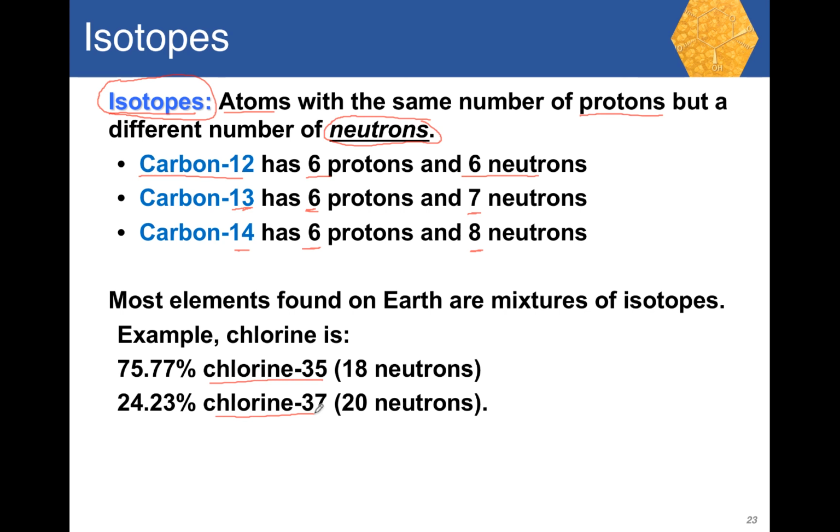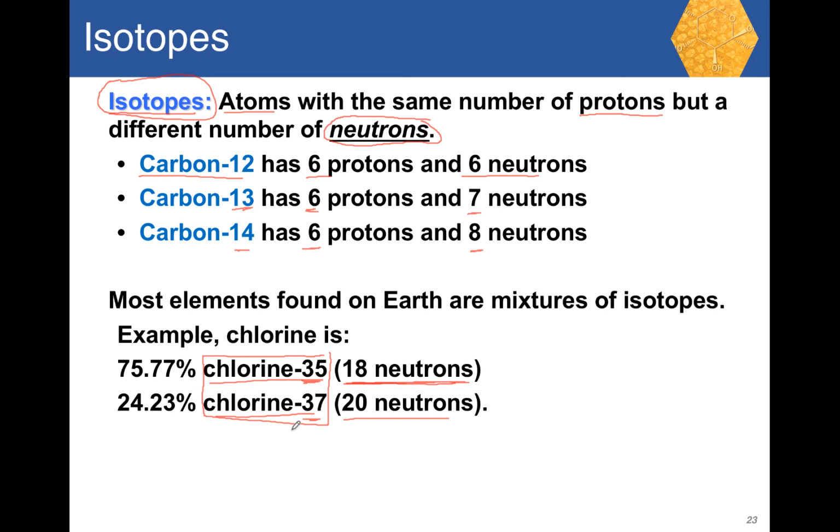They have the same number of protons and electrons. The only difference between chlorine 35 and chlorine 37 is the number of neutrons. One has 18, the other has 20. But we will just look at them as chlorine 35 and chlorine 37, 2 different isotopes.